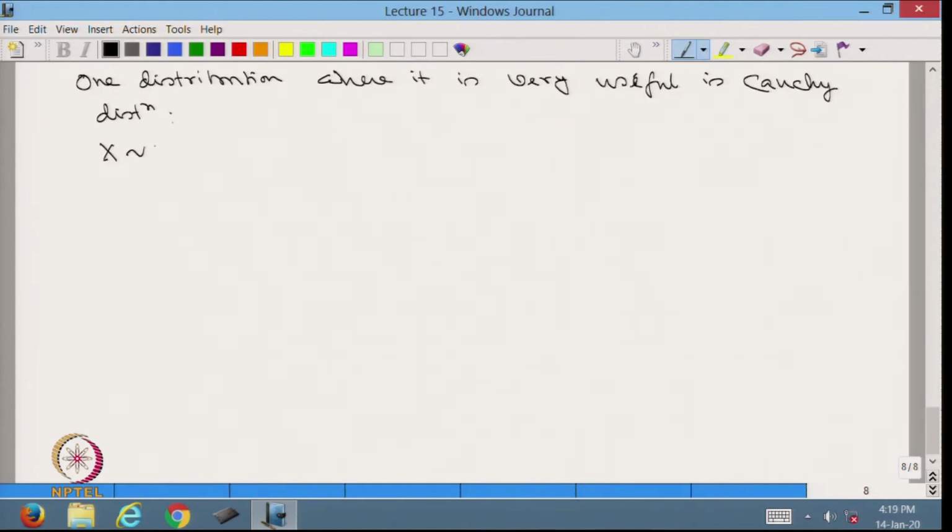X is distributed as Cauchy 1 comma 0 if f x is equal to 1 over pi into 1 upon 1 plus x square.